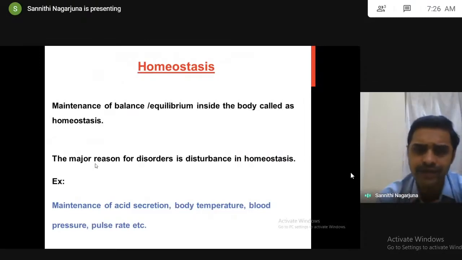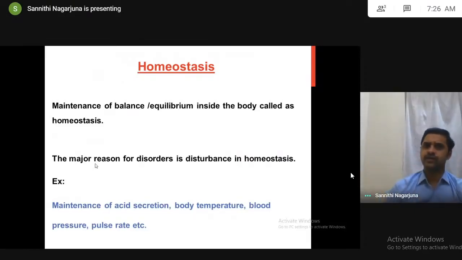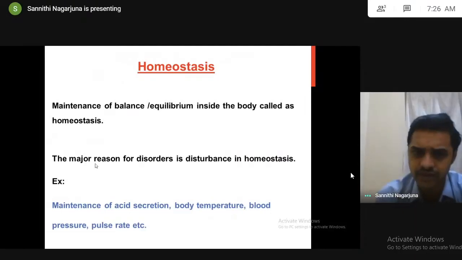As long as homeostasis is maintained, the individual cannot develop any disorders. As I told you many times, disorder means altered function.